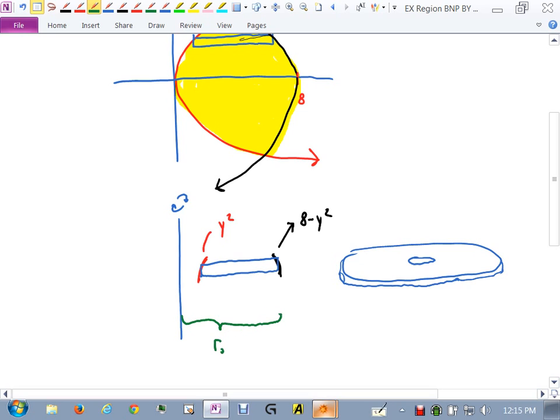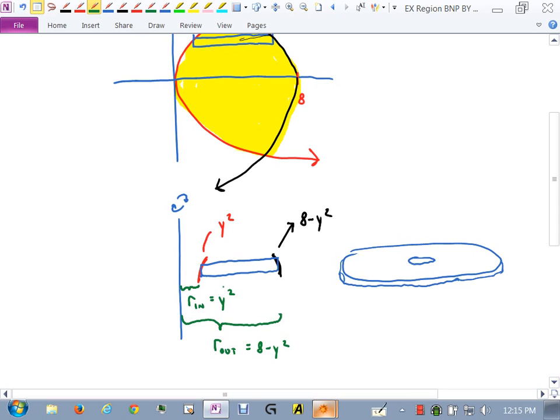This is R out. So how far is that? 8 minus y squared. See, now it's a function of y instead of x. And then what's my inner radius here? R in is going to be just the y squared.